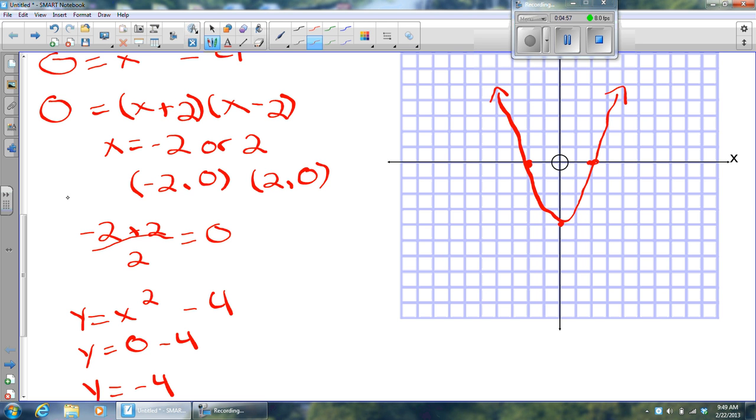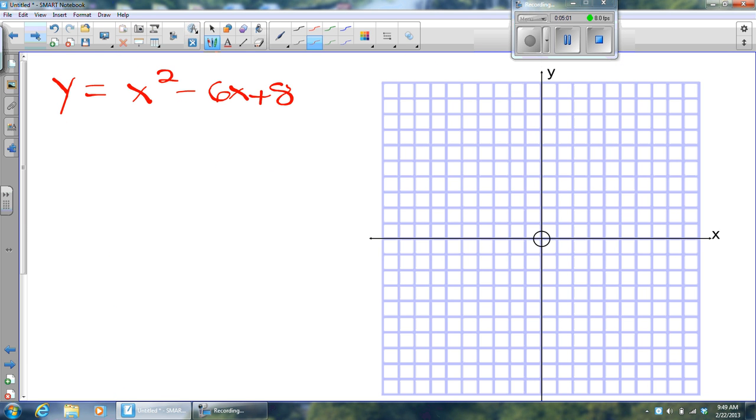All right, let's try one more example. Okay, so here, first thing we're going to do, set y equal to 0. So we have x squared minus 6x plus 8.